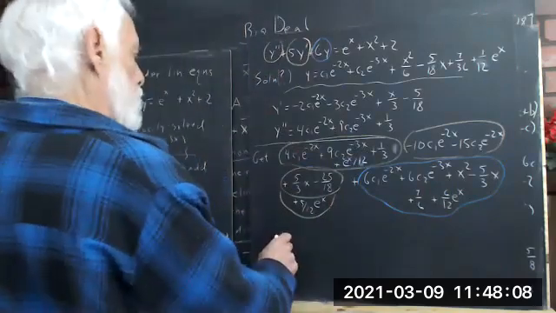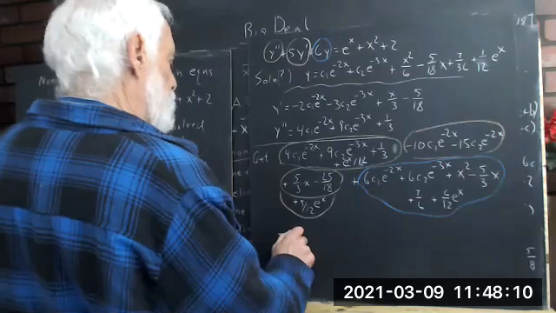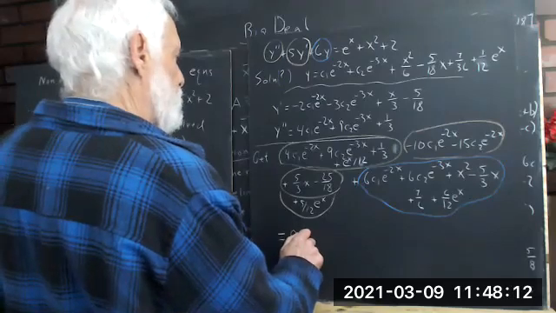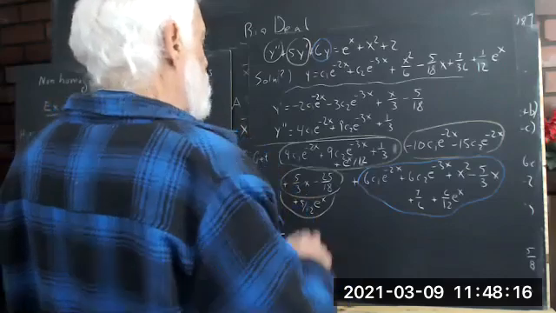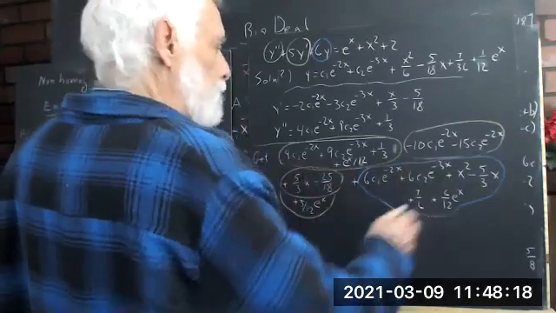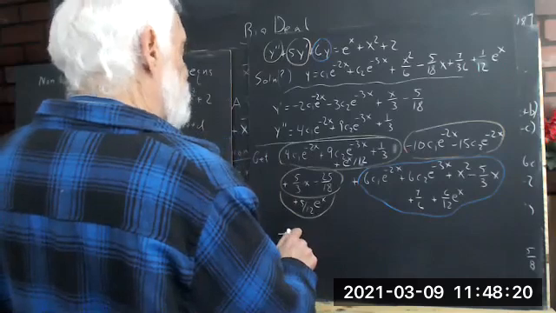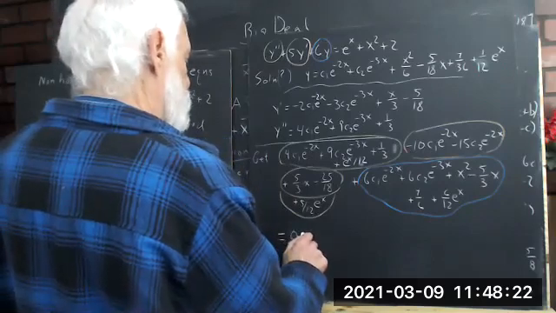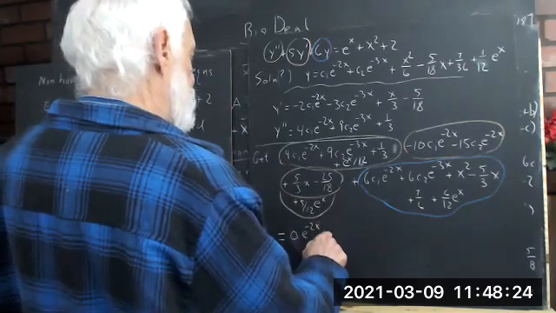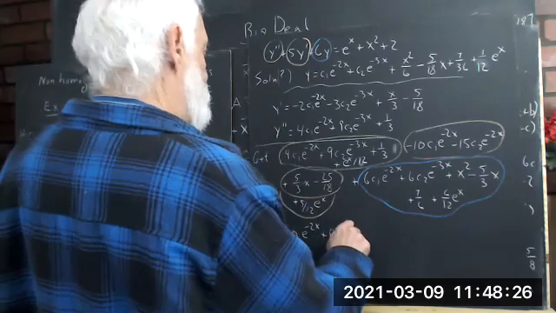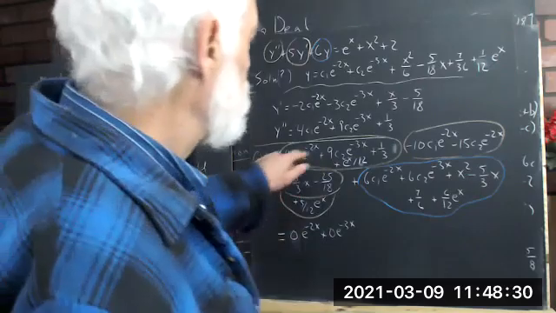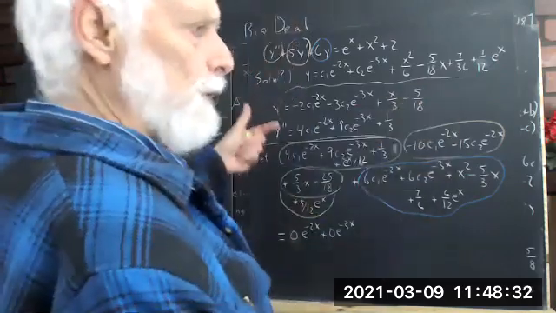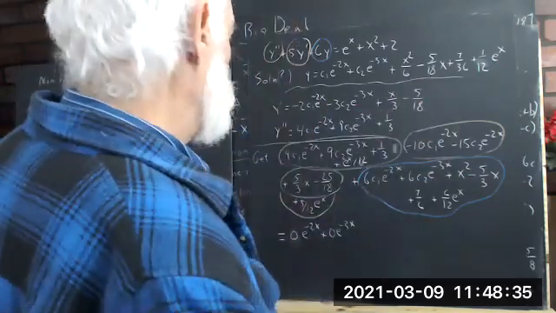Well, if we add all this up, we get 0 e to the -2x, 0 e to the -3x. Yeah, I'll write those down. I don't know why I didn't want to. Okay, so there's my e to the 2x and e to the -2x, e to the -3x terms.